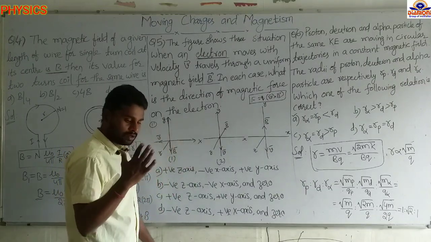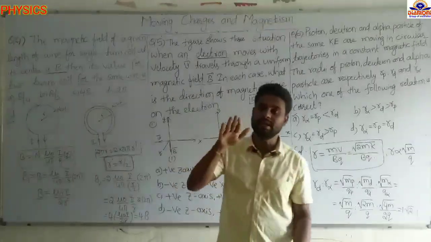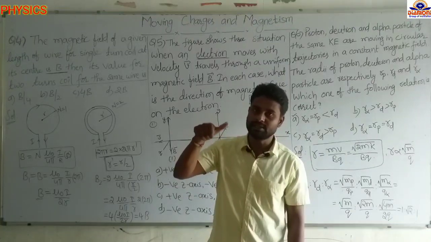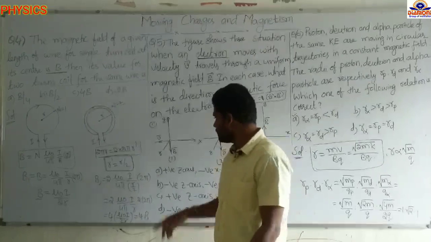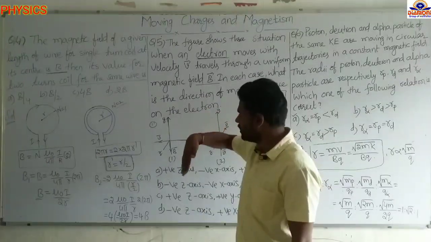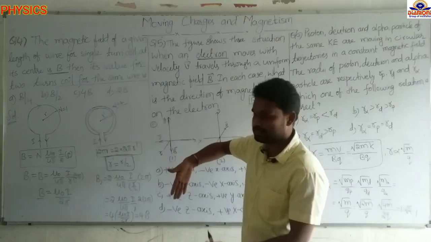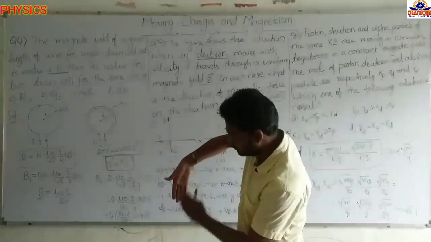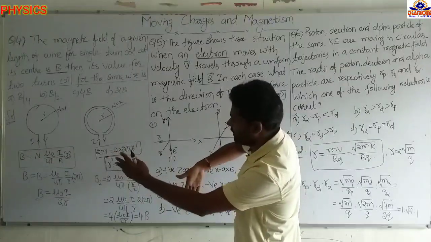Okay, so right hand only we have to use. Here, how to use means: keep the fingers in the direction of the magnetic field and keep the thumb in the direction of the velocity. Then the palm will show the direction of the force. Now the magnetic field is in the negative y axis and the electron is moving in the negative x axis.